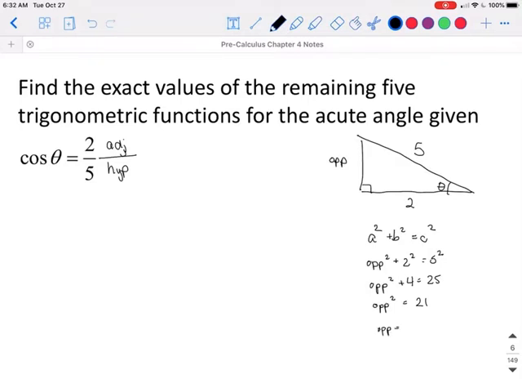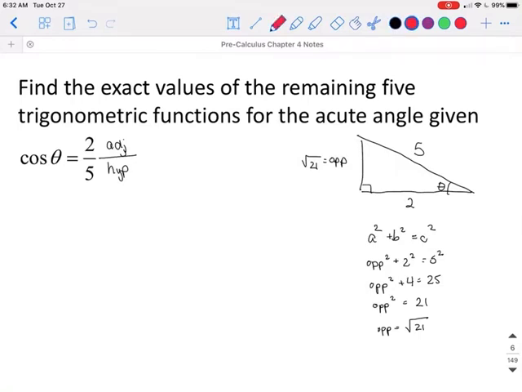To get rid of the square, we take the square root of both sides, and the opposite side will be the square root of 21. Remember, when you take square roots it can be a positive or negative value, but since a length cannot be negative, it is going to be a positive square root of 21.